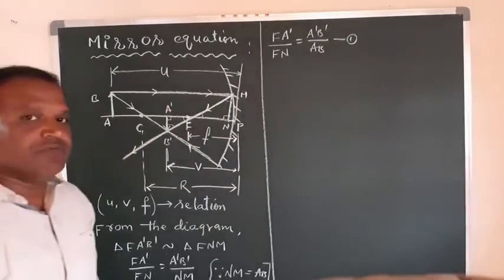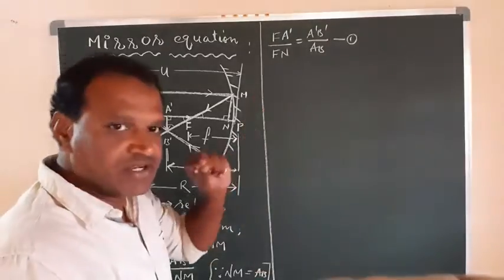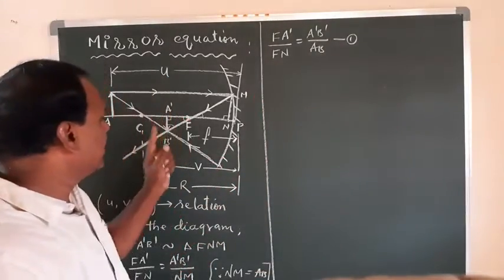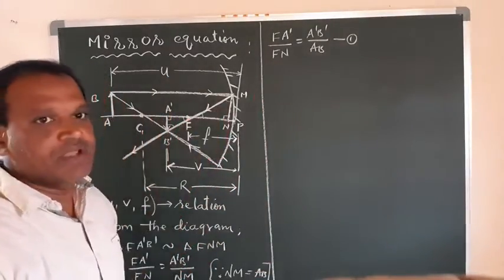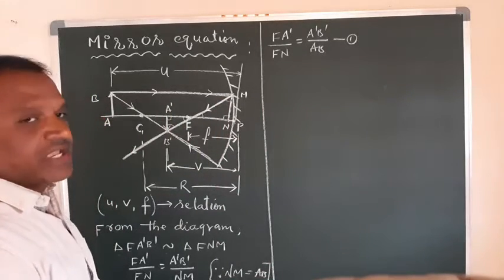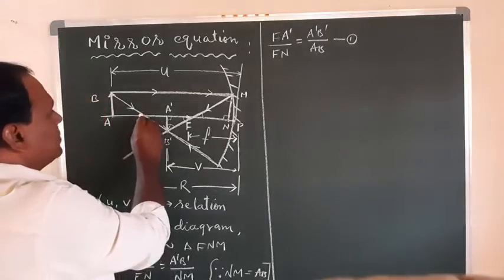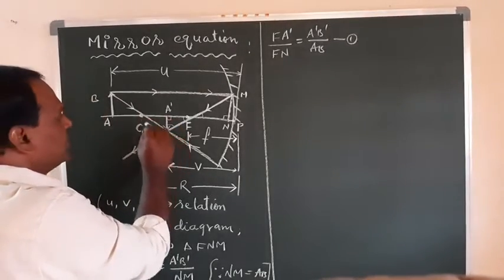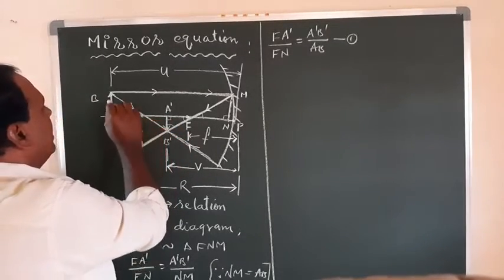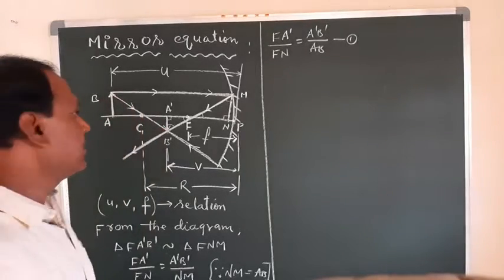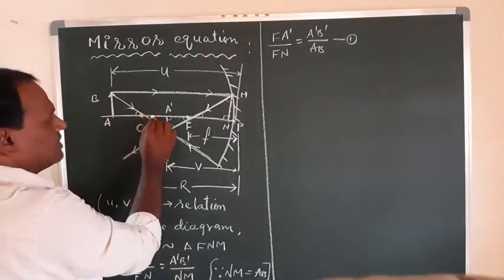So we derived equation 1 by considering the two triangles F A dash B dash and F N M. Now you can consider two more triangles, and again they are similar: C A dash B dash and C A B. Again you see these opposite angles are equal.